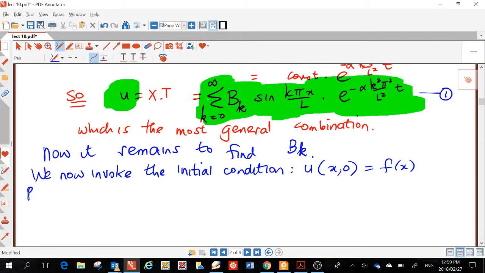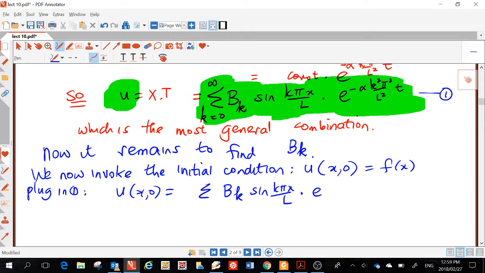So plug this in, plug in 1. So we'll get u of x, 0 equals sigma bk sine k pi x over L. There's no t there yet, times e to the power, now t is 0. Initial condition, t is 0. Put t is 0 here.